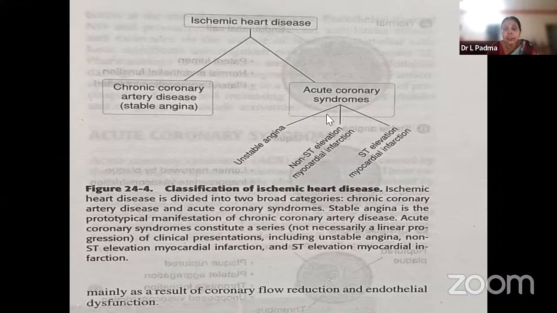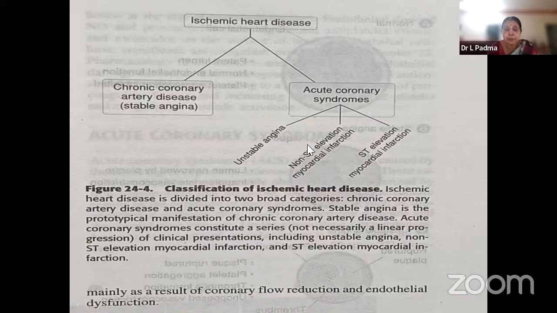So in acute coronary syndrome, as I showed you in the last slide, there is unstable angina, non-ST elevation, that is acute myocardial infarction, and ST elevation, which is more dangerous. This is also myocardial infarction. As I told you, this is shown only in the ECG, non-ST elevation and ST elevation.